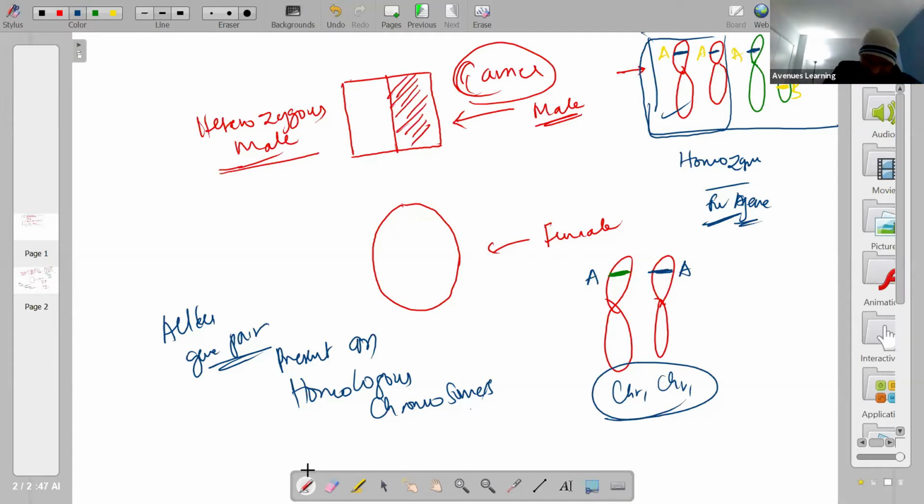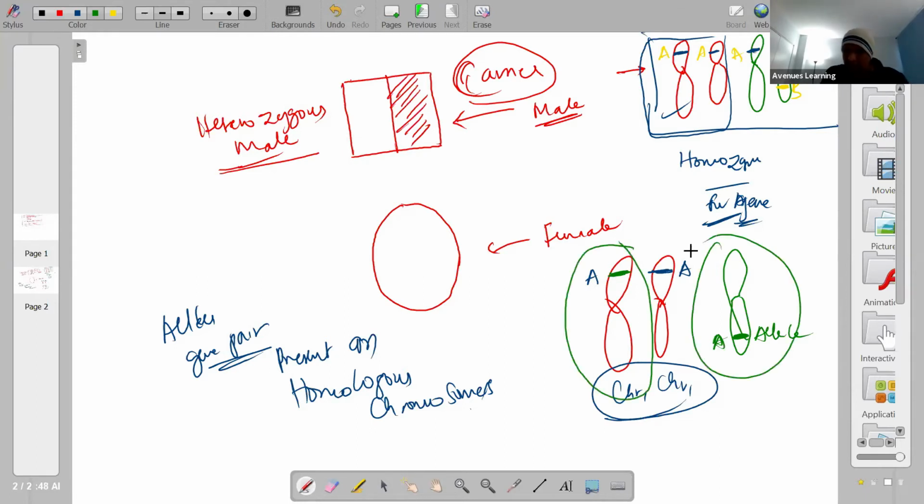Suppose I have another chromosome, and this has an allele here, and this is A. Okay, so can I say this chromosome and this chromosome are homologous?